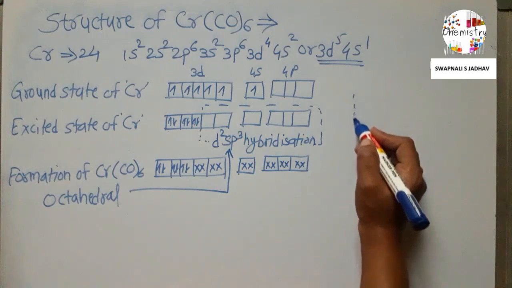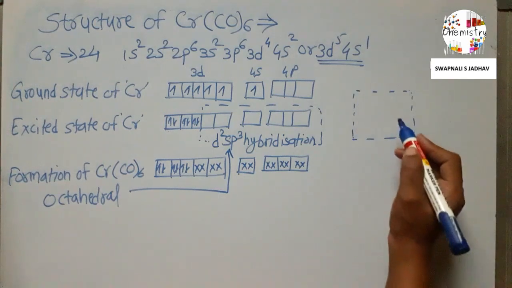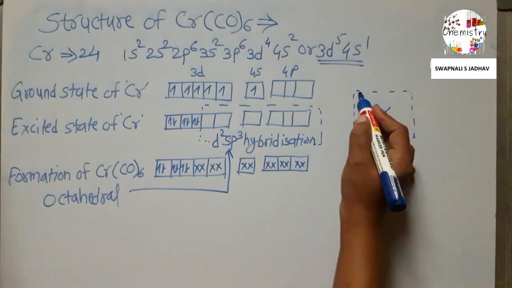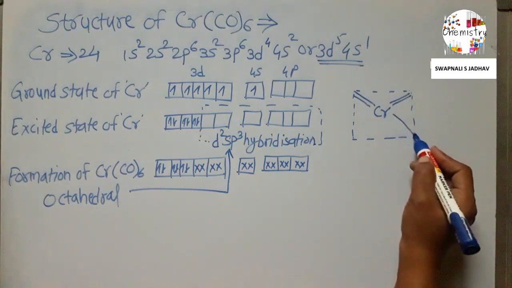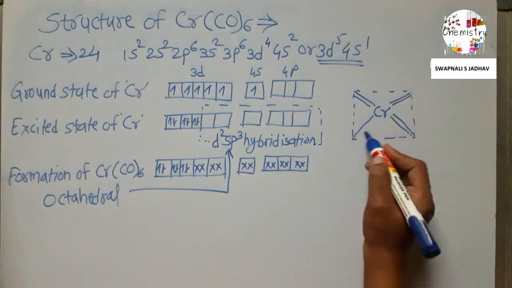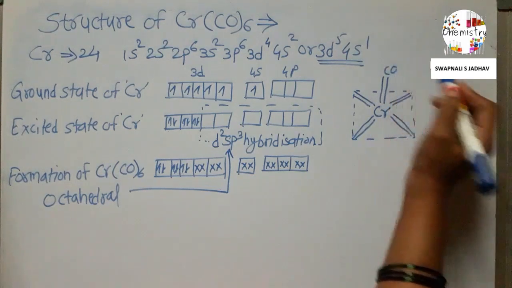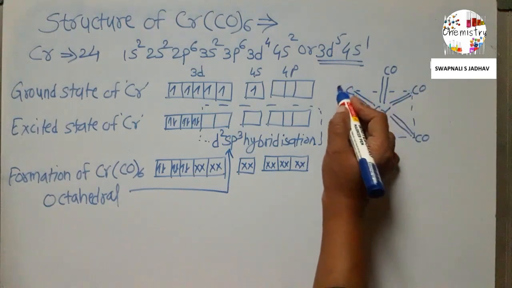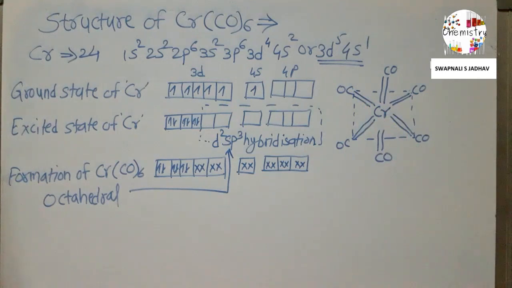Octahedral structure. So here also at the center chromium is present, and six carbonyl groups are joined by double bond with the carbon of the carbonyl group. This is the octahedral structure of Cr(CO)6.